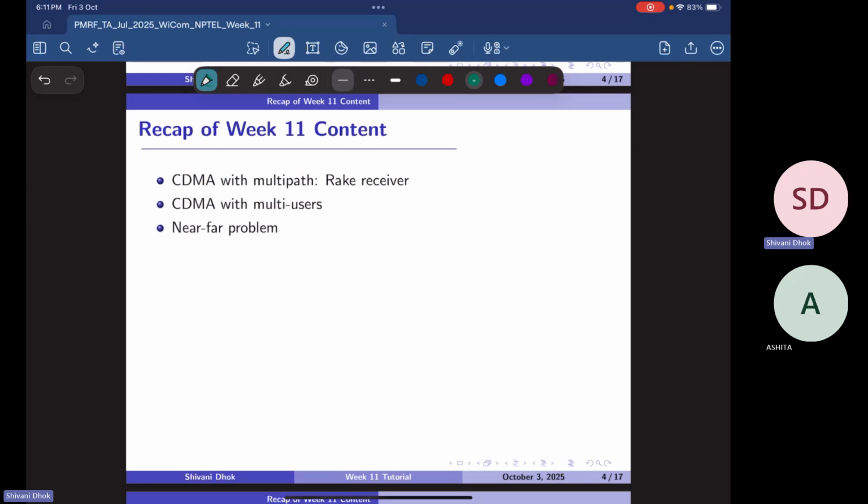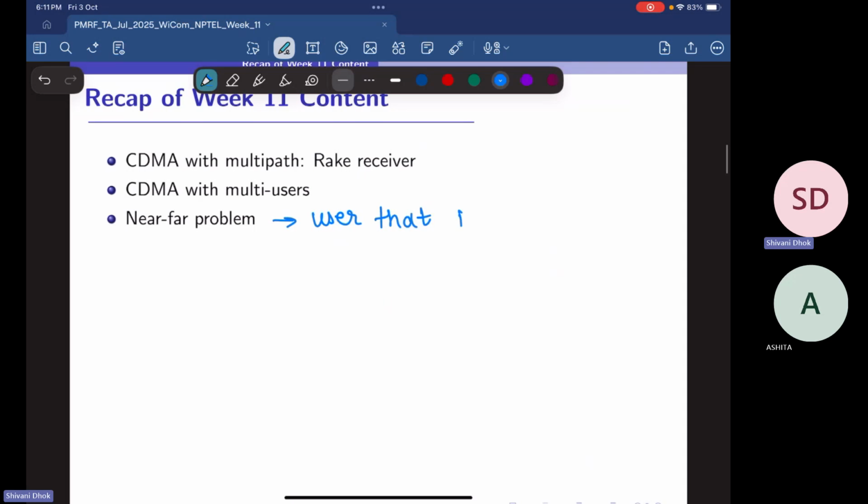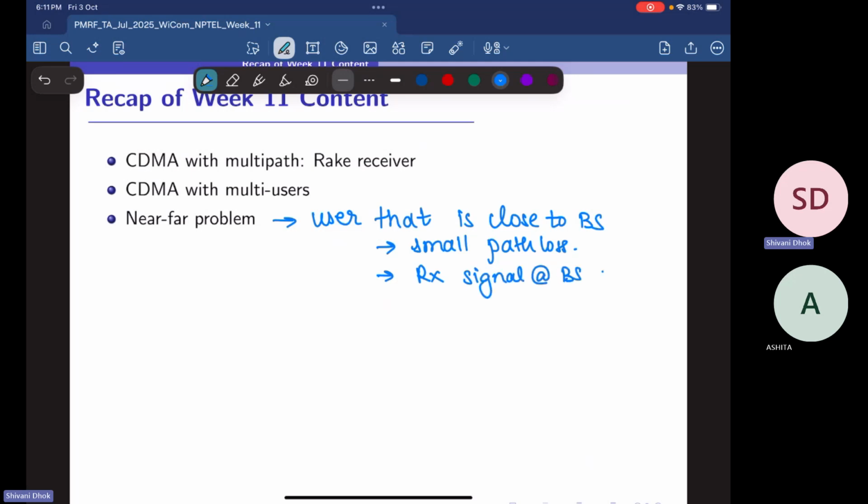The user that is close to the base station will experience a smaller path loss, which means the received signal at the base station is of higher strength.